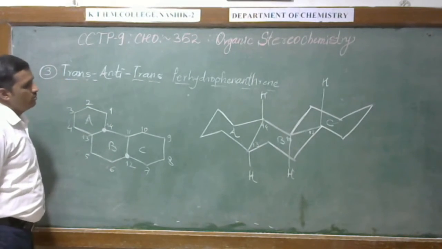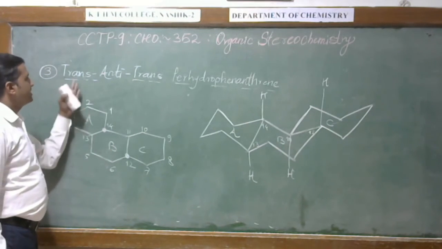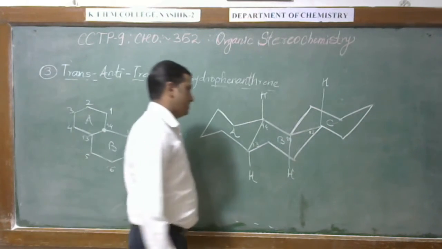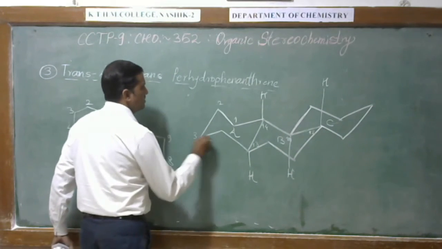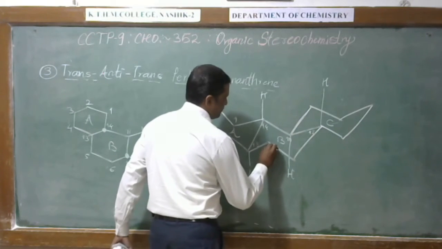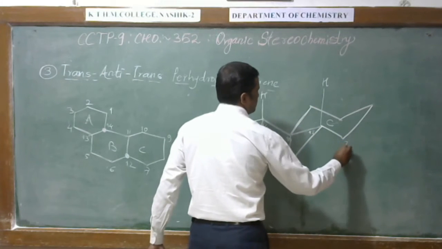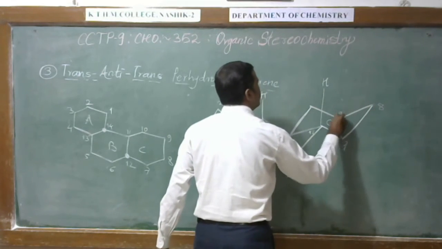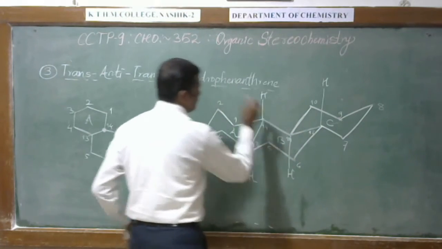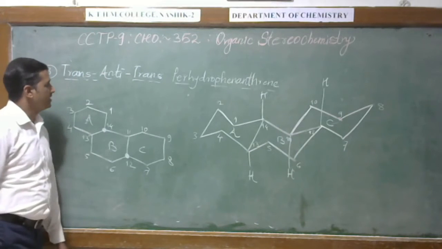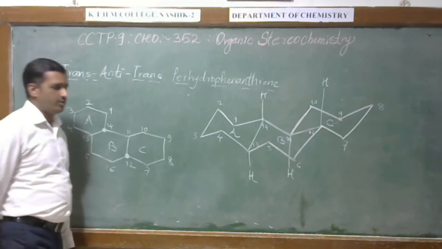So this is the overall chair conformation of trans-anti-trans perhydrophenanthrene, where we consider the numbering 1, 2, 3, 4, 5, 6, 7, 8, 9, 10, 11, then this is 12, 13 and 14. So this is the overall representation for trans-anti-trans perhydrophenanthrene in chair conformation.